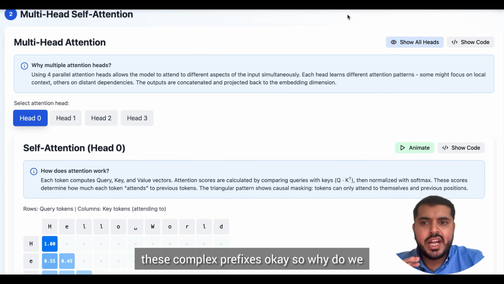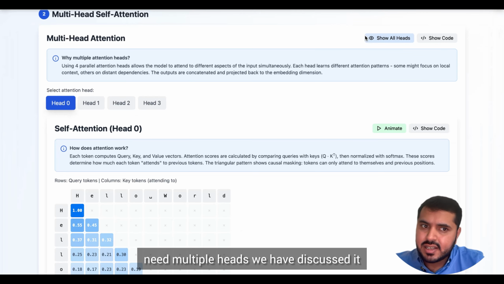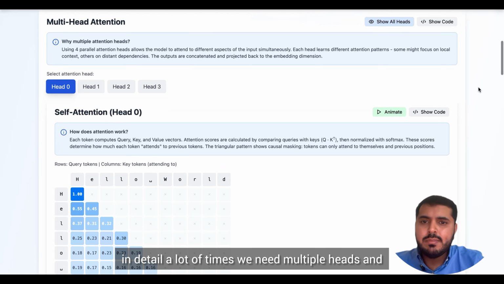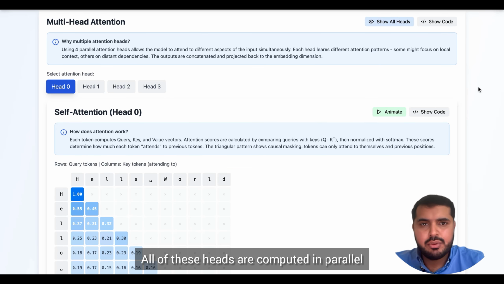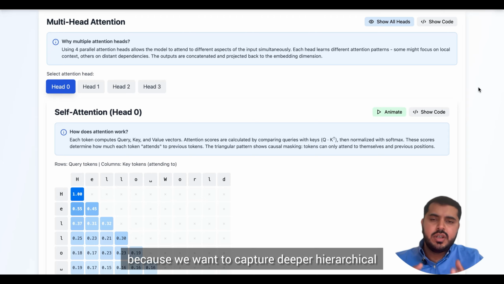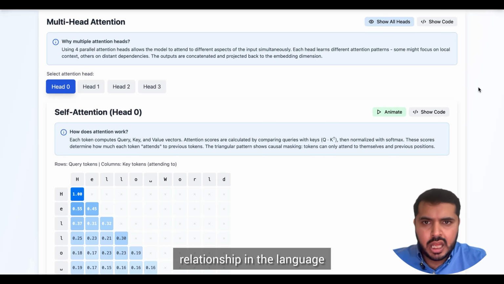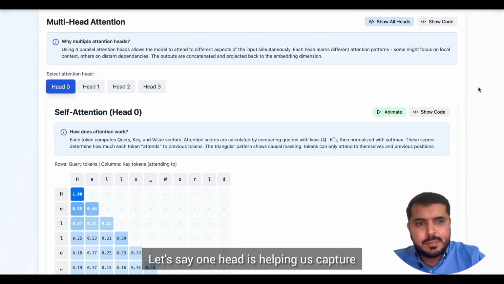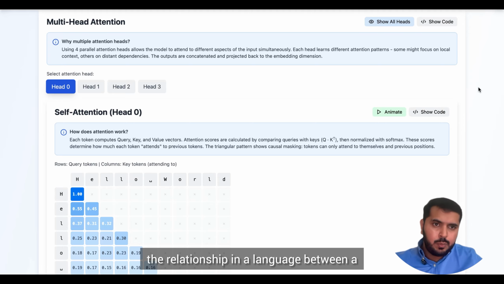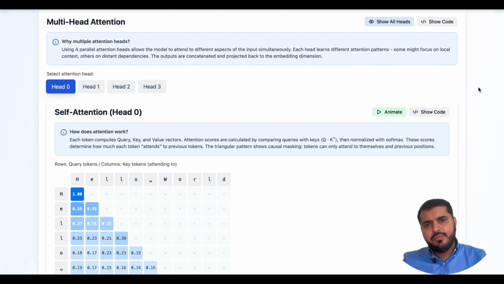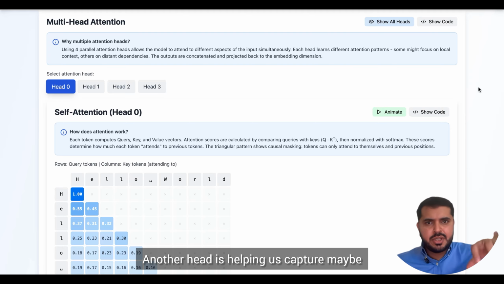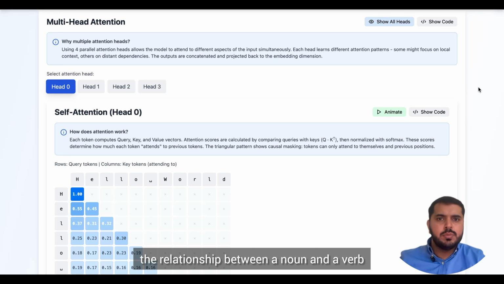Okay, so why do we need multiple heads? We have discussed it in detail a lot of times. We need multiple heads. All of these heads are computed in parallel because we want to capture deeper hierarchical relationships in the language. Let's say one head is helping us capture the relationship between a subject and a noun. Another head is helping us capture maybe the relationship between a noun and a verb, right?